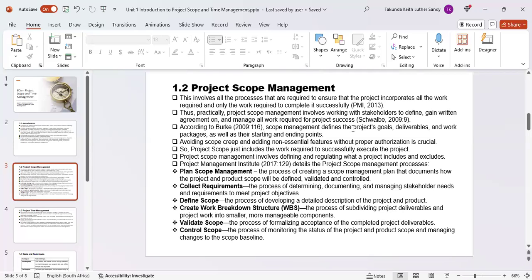So we are simply saying that the outcomes or deliverables that you expect a given project to give you, plus the work that you do to achieve those deliverables, is what we call scope. In a nutshell, scope is all the work activities or work components that you do to produce your desired results, products, or services at the end of the day. So that's what scope is all about.